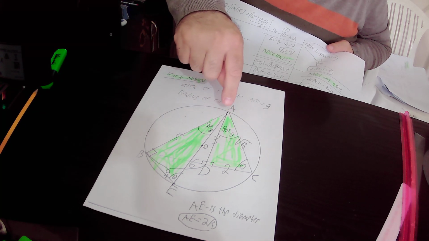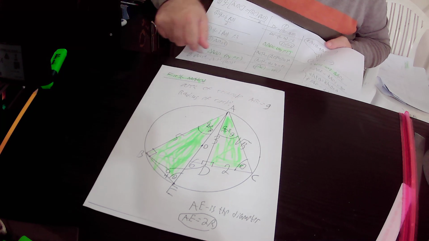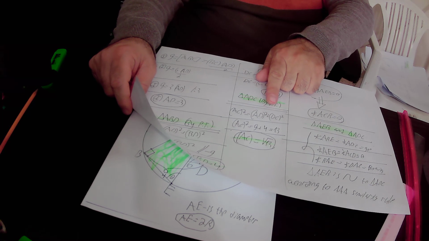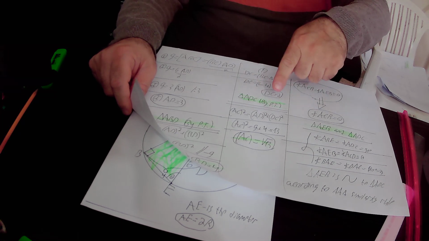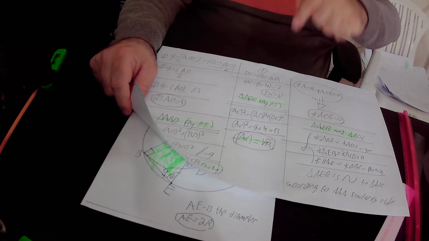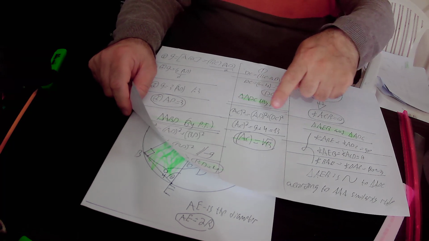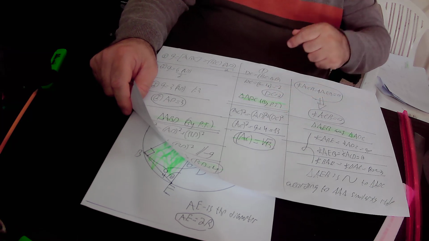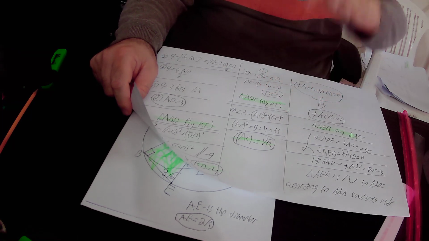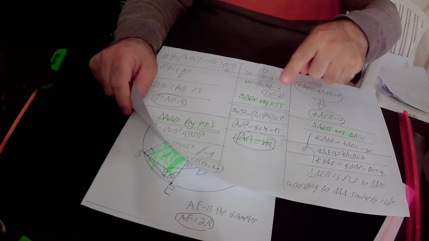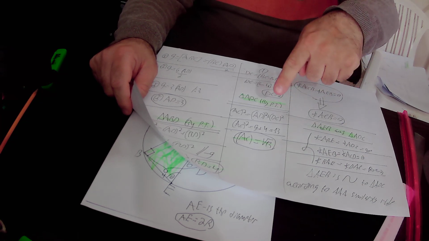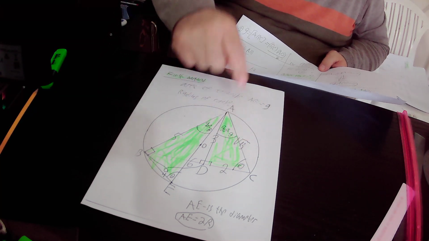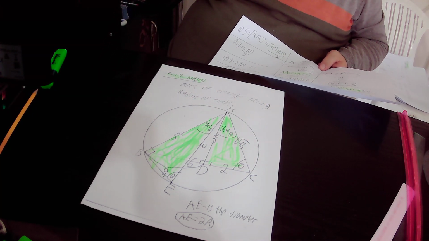According to the Pythagoras theorem, AC squared equals AD squared plus DC squared. AD is 3, so AD squared is 9. Plus DC squared. DC is 2, so DC squared is 4. So AC squared equals 9 plus 4, that is 13. We took the square root, and we found out that AC equals the square root of 13 units.